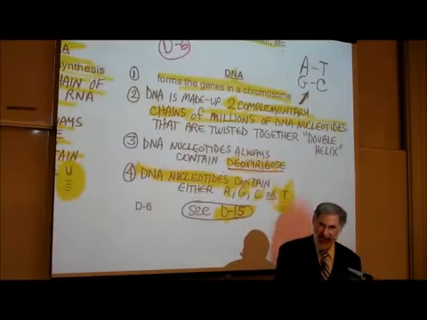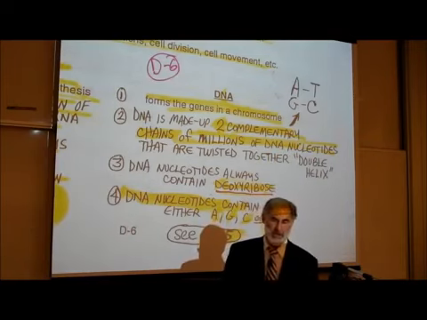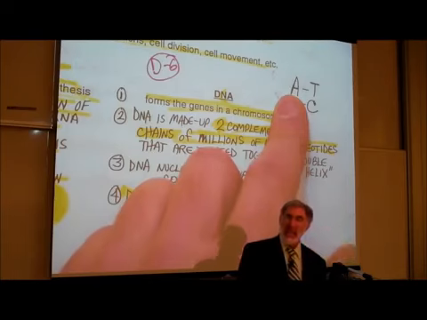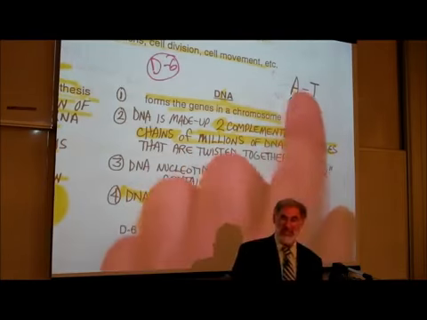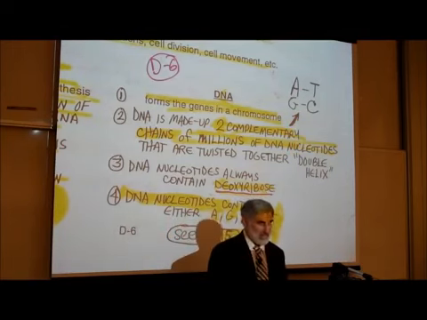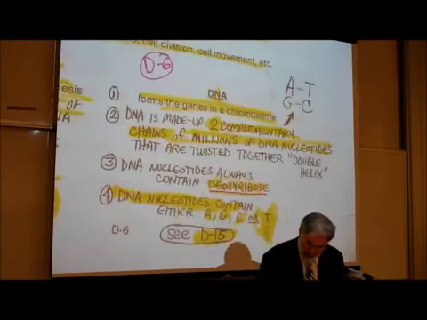And when we talked about how the two chains are joined together, complementary means that if on one chain there's an A, it attaches to a T on the opposite chain. And if there's a G on one chain, it attaches to a C on the opposite chain. We can see this pictured on page D15.